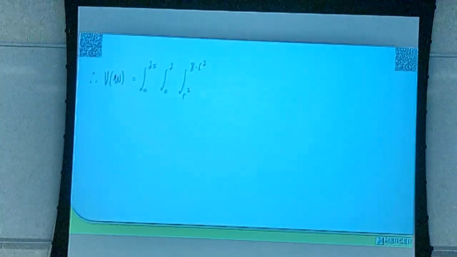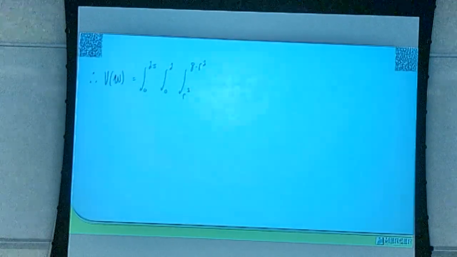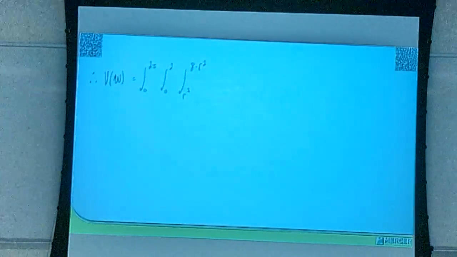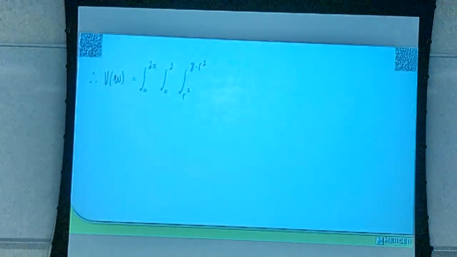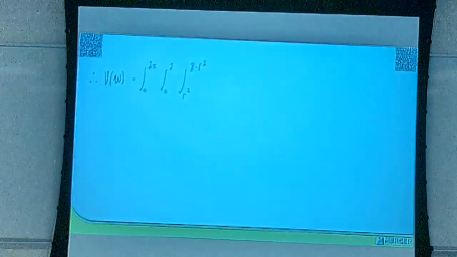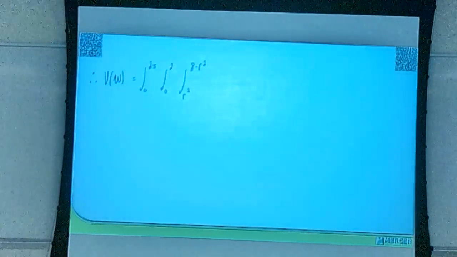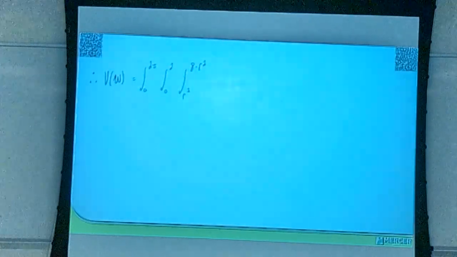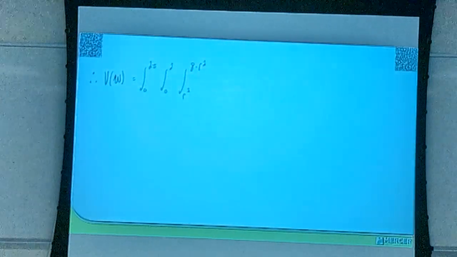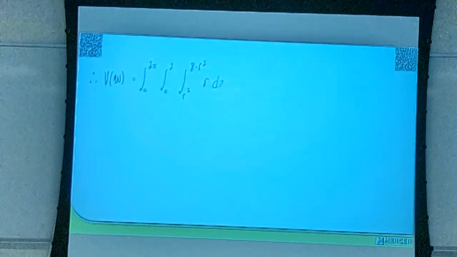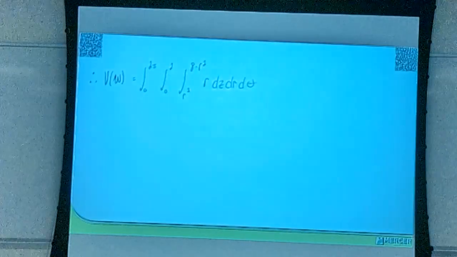The volume differential would be R dz dr d theta.